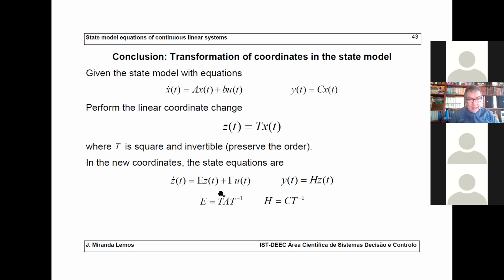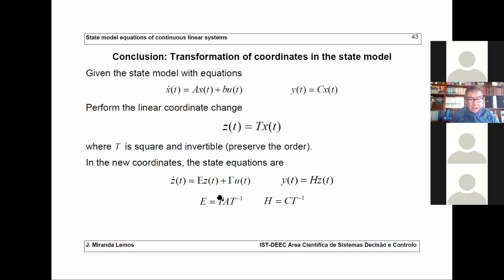Okay, so write that. Now, you have expressions that relate these matrices with the A, B, and C. There is one missing here, but it's on the previous slide.